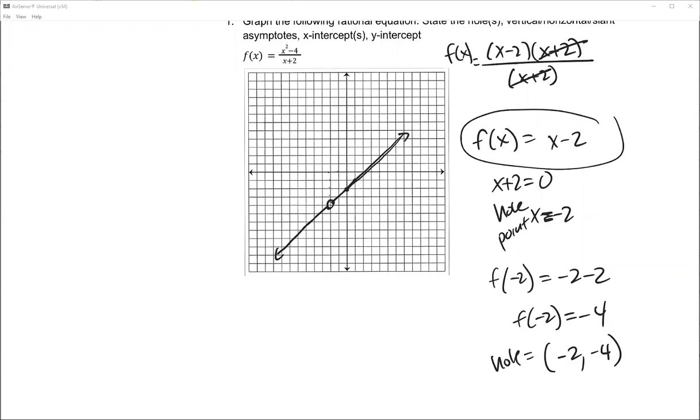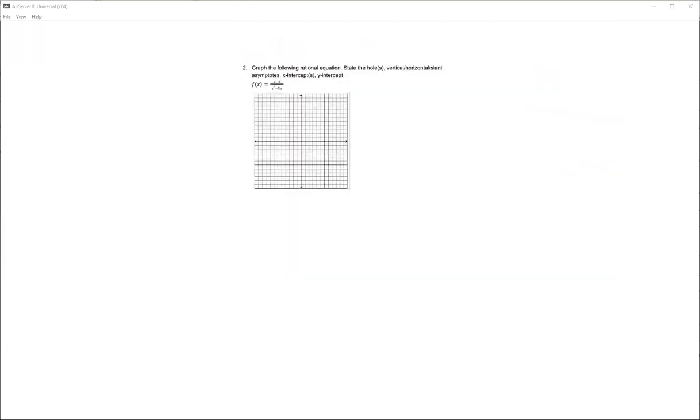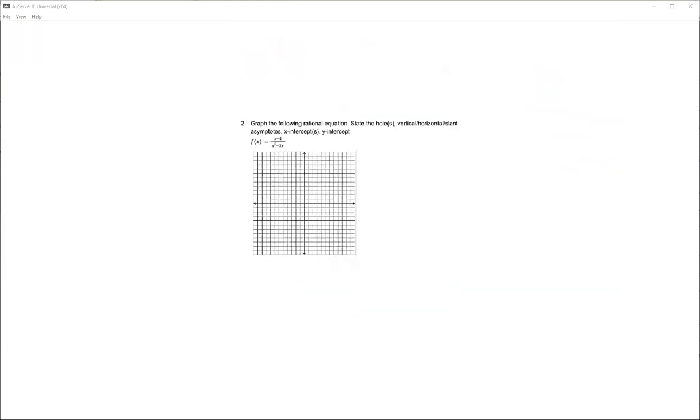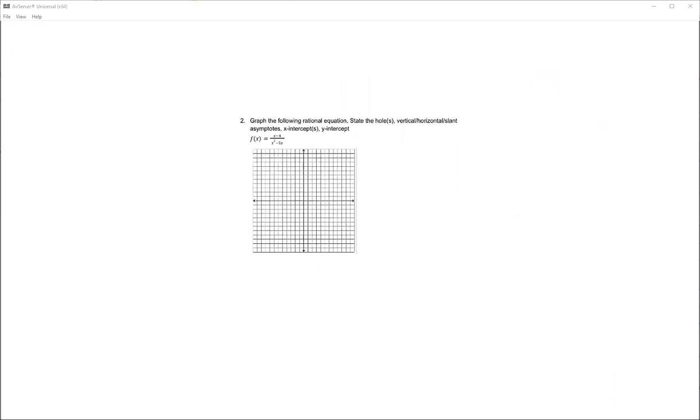Okay. All right, number 2 is this right here. It is x minus 4 on top, and then you have x squared minus 3x. So I'm going to write it over here.